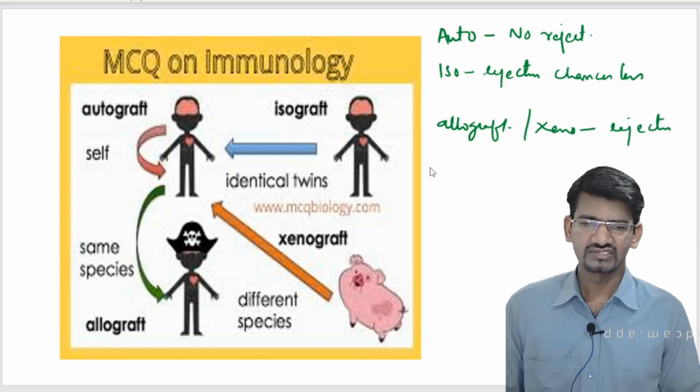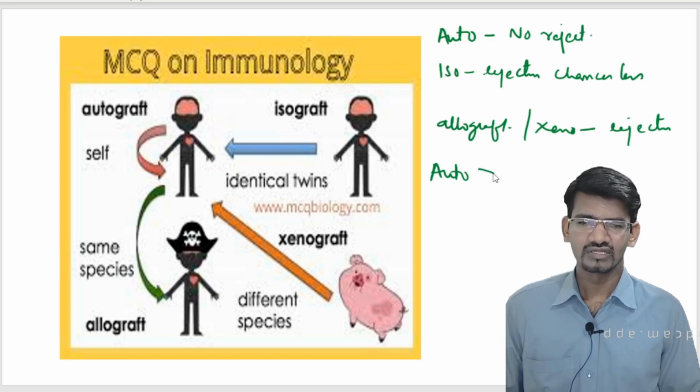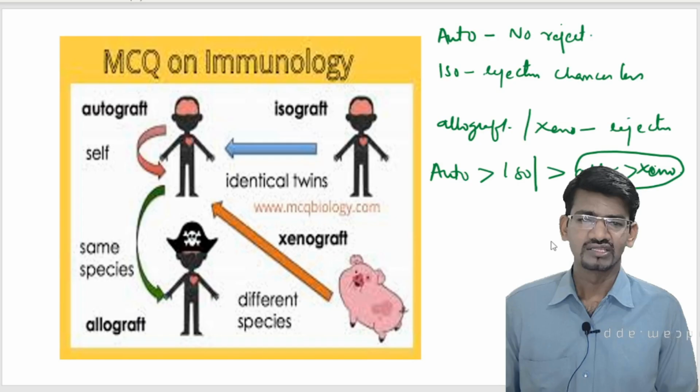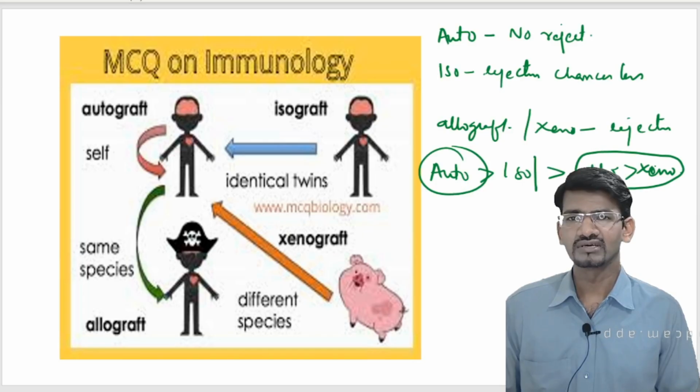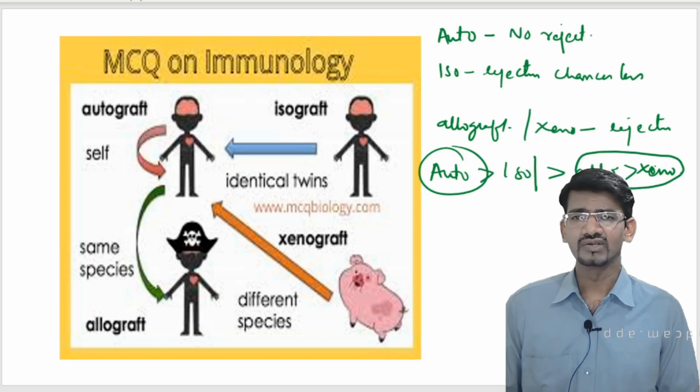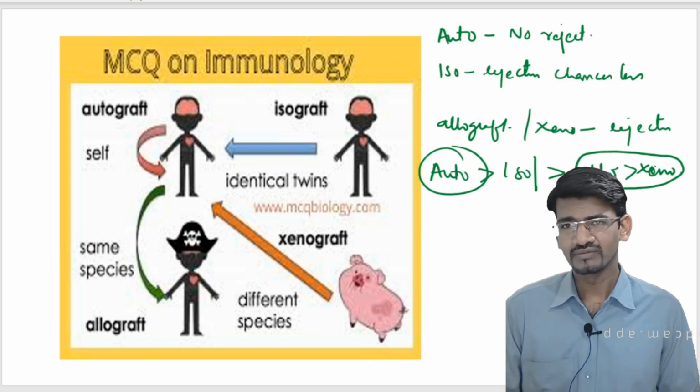So the success rate is always with the auto, then iso grafting, then allograft, and the xenograft. The allograft and xenografts are majorly used for temporary purposes, not permanent. They are temporarily used to cover the wound. Autografting will have a better success rate, and the rejection chances are very negligible. So it is better to consider auto skin grafting for the better result.